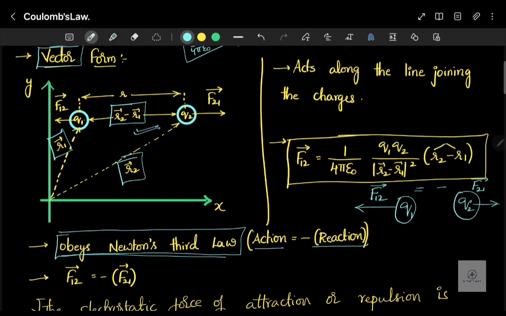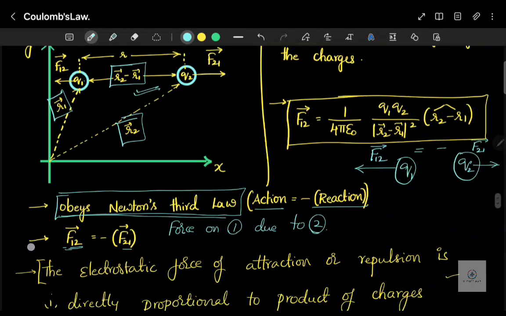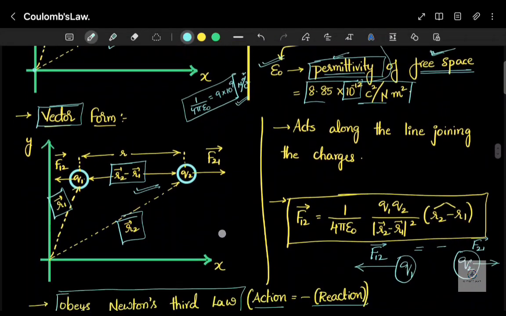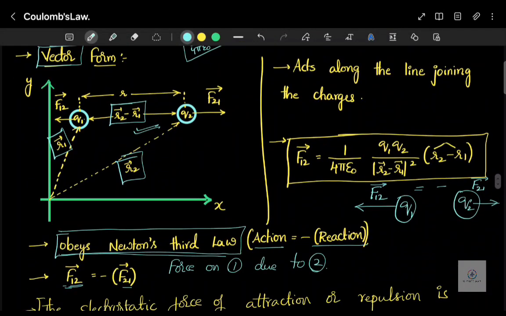That means what is the net force acting here? F12 is equal to F21, which means F12 means force on 1 due to 2. Is that okay? Right. So this vector form, it is given by, and also these forces, they always act along the line joining the charges.